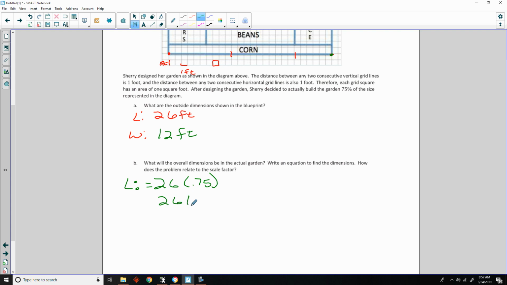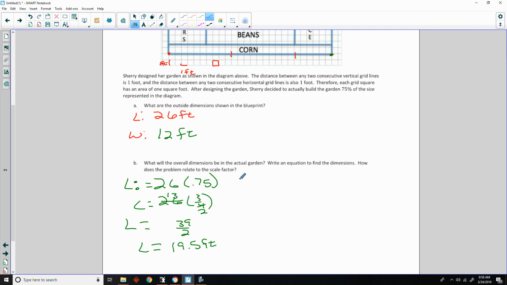We can just put that in our calculator, but I'm going to do it this way. 26 times 3/4. And this will reduce to 2, this will be 13, and 13 times 3 is 39 halves, which is 19 and a half feet. Half of 39 is 19.5. So the length equals, I should have L equals on all of these, and then I'm going to do the width.